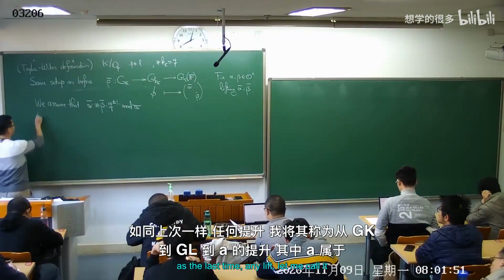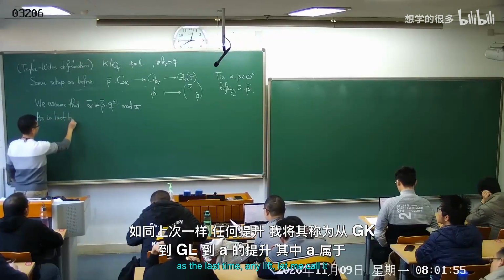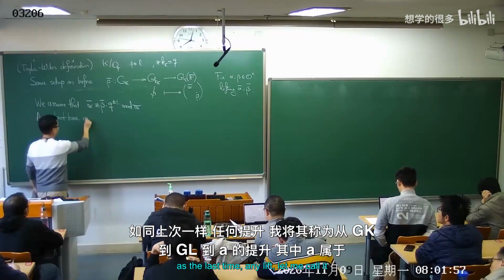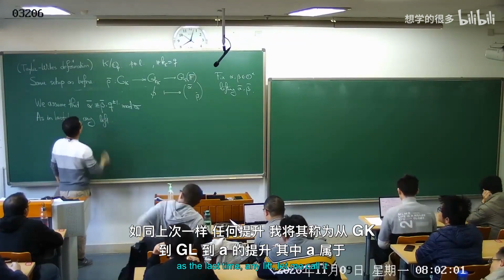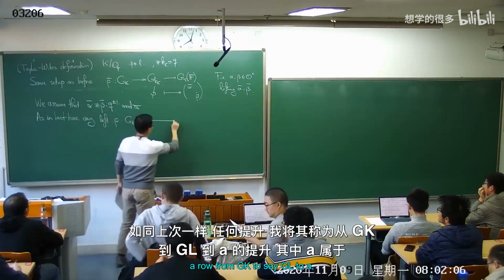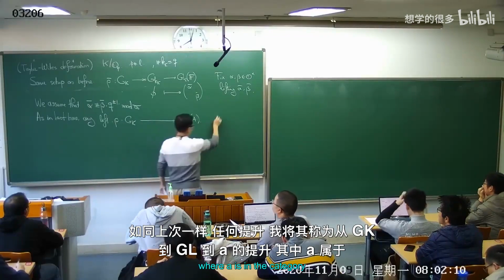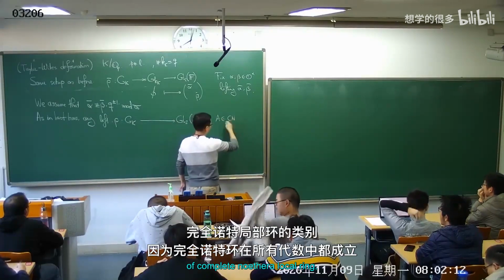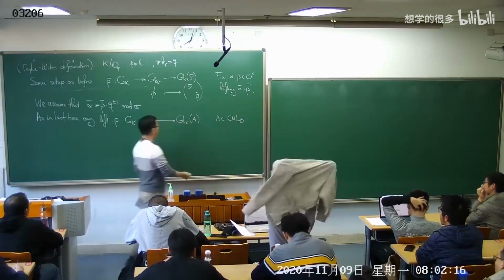As in last time, any lift, let me call it rho, from G_K to GL2(A), where A is in the category of complete Noetherian local rings, gives me a complete Noetherian O-algebra, right?